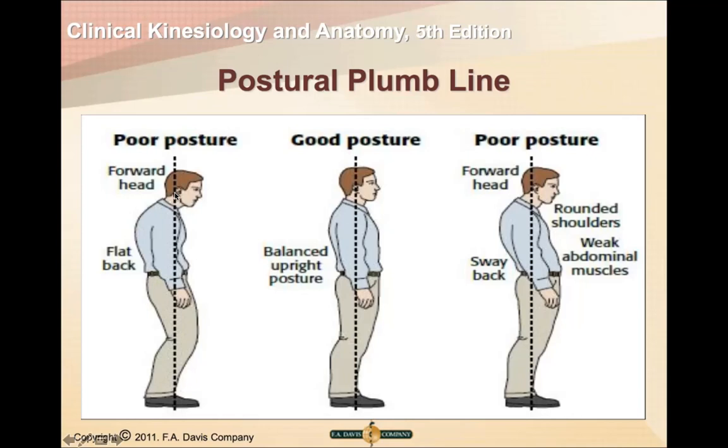You could say the ear is in front of the plumb line. The shoulders are behind the plumb line. The greater trochanter is behind the plumb line. It's still going through the knee, but it's way too posterior through the knee. And it's too anterior to the lateral malleolus.